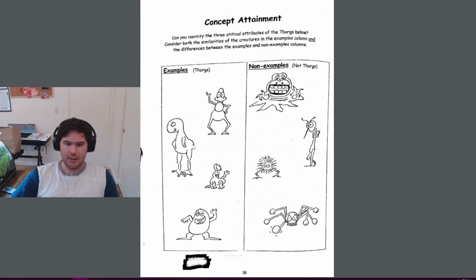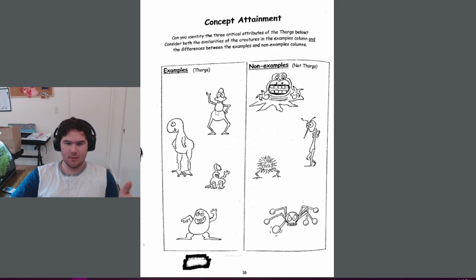Then working through it, I looked for maybe the oblong bodies, but then this guy is oblong. Maybe that they have fat butts? These guys all kind of have bigger bottom sections, but you could find that as a bigger bottom section. So the next one that I figured out was that a Thorg is always happy.